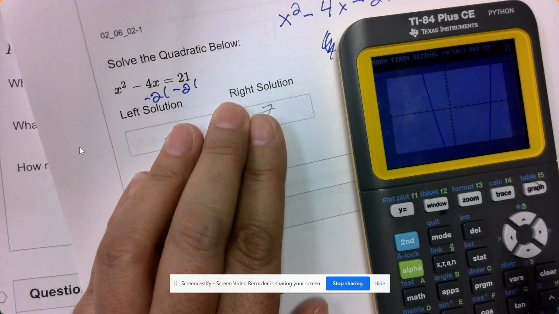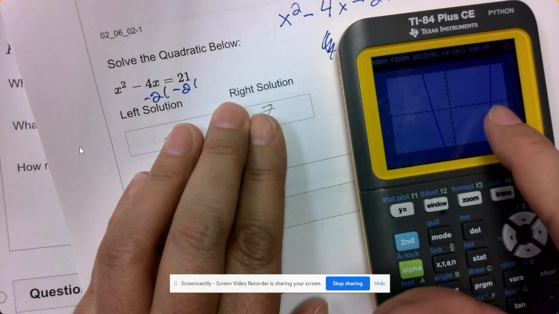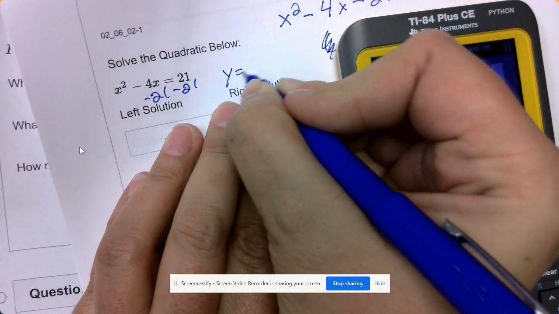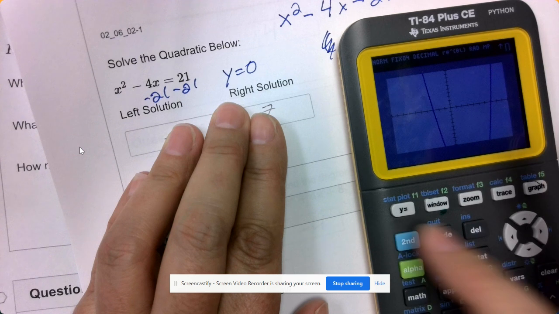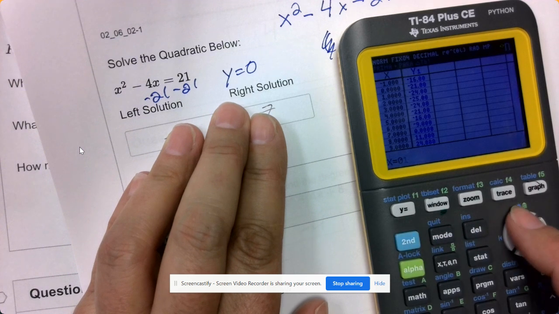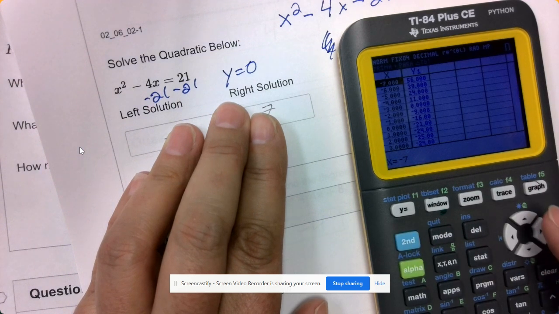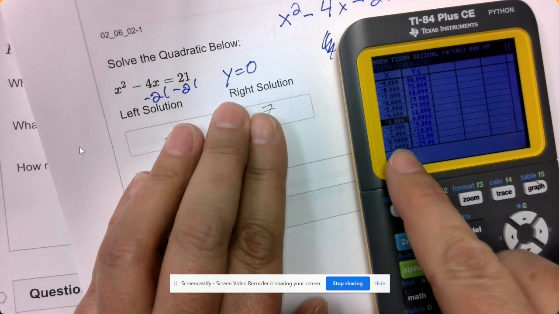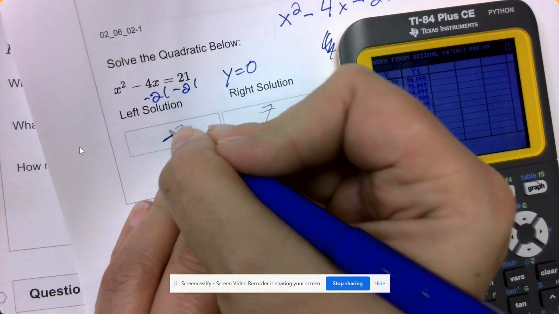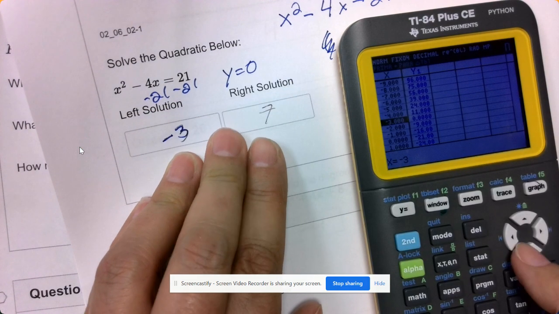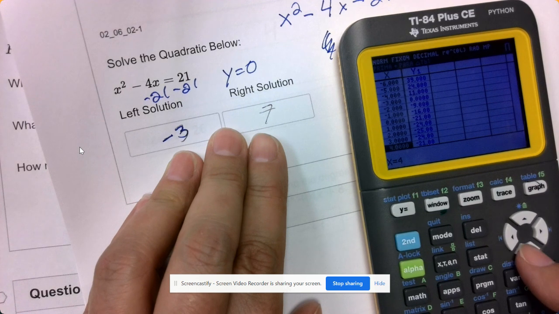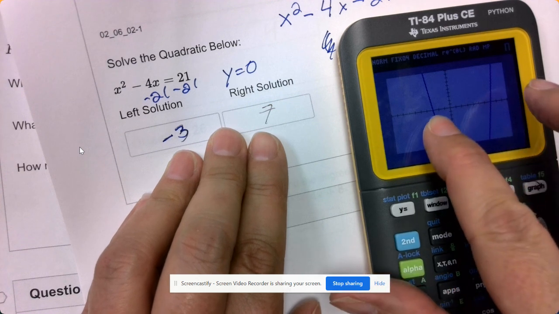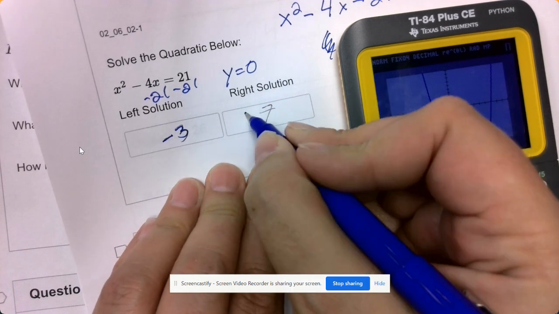Okay, so where y is 0, we're looking for our x-intercepts. So remember, we can also use the table. So we can go up. Okay, so right here at -3, our left solution is going to be -3. And then our right solution, where y is 0, is at 7. You can also tell everybody just by looking at the graph, it would be -3 and +7.